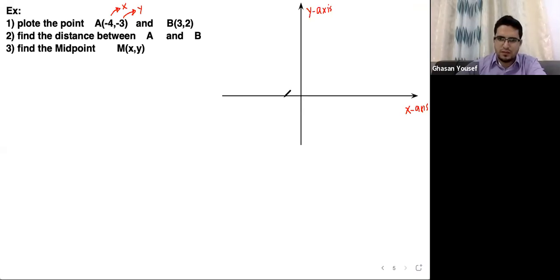This is the 0, -1, -2, -3, and the -4 is here. So this is my -4.